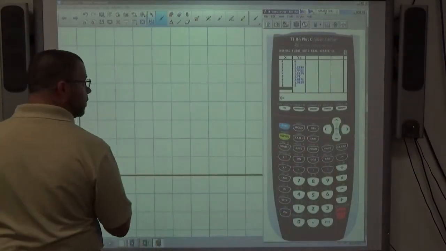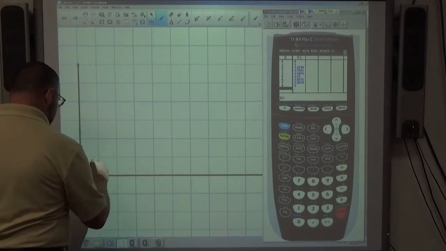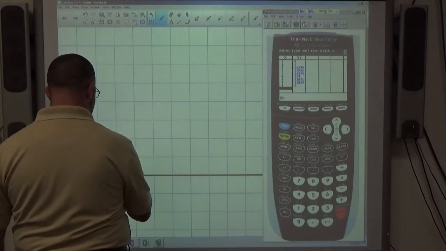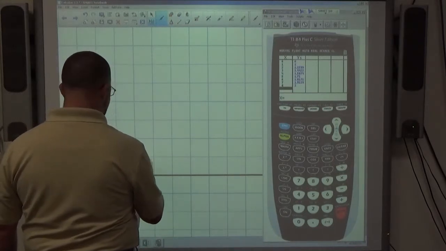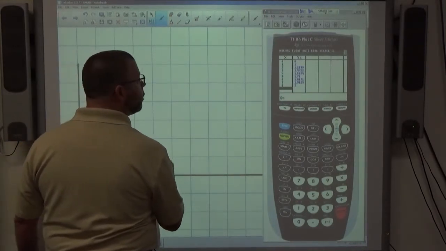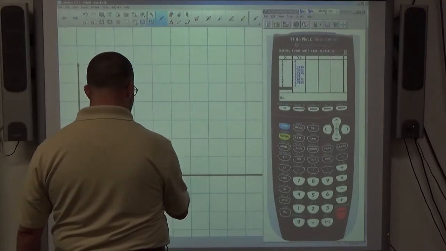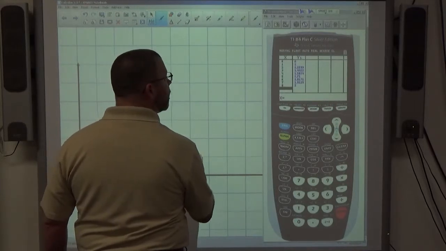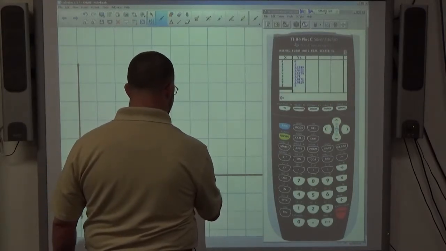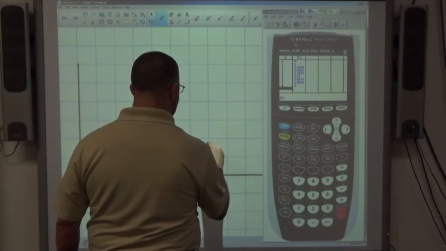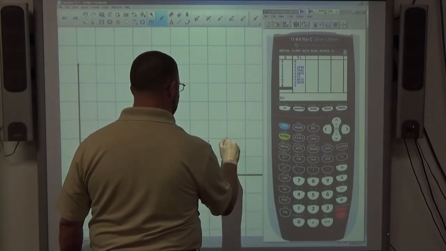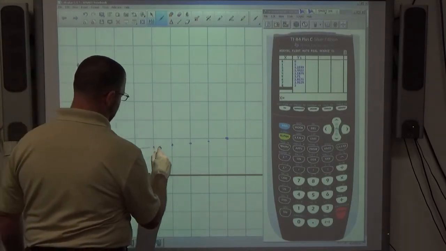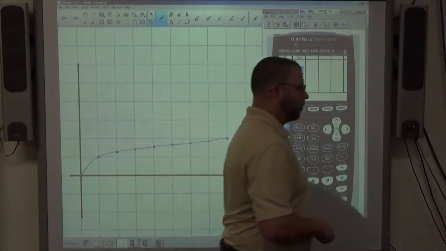I got 0, 0, 1, 1, 2, 1.26, 3, 1.44, 4, 1.59, 5, 1.71, 6, 1.81, 7, 1.91, 8, 2. Just a nice steady increase like so. And there's our graph.